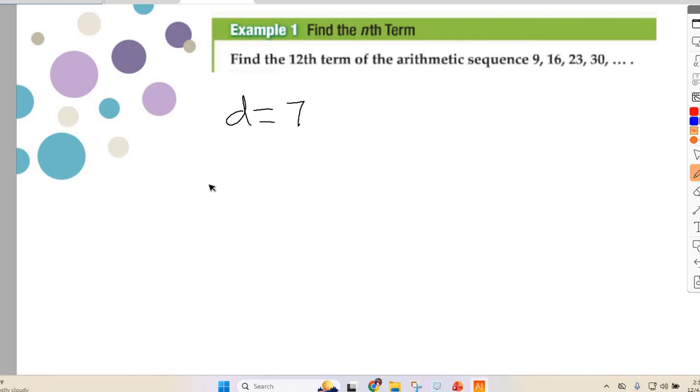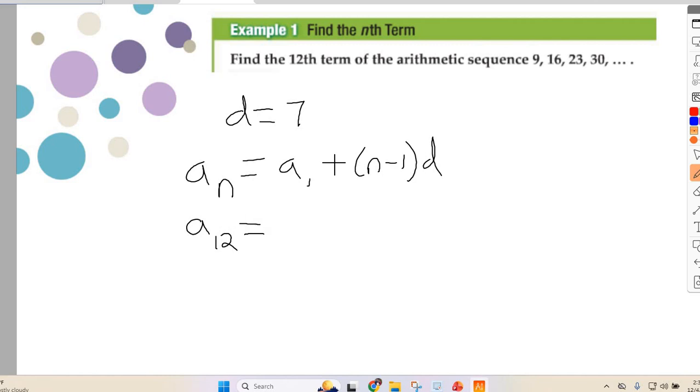So we're just using this a sub n formula that we had on the previous page, and then plugging in the information that it gives us. We are wanting the 12th term, so that goes in for our n. Our sequence started at 9.